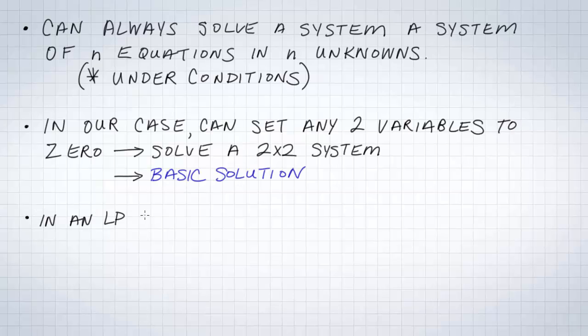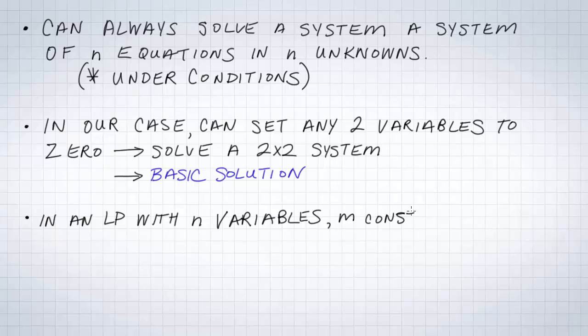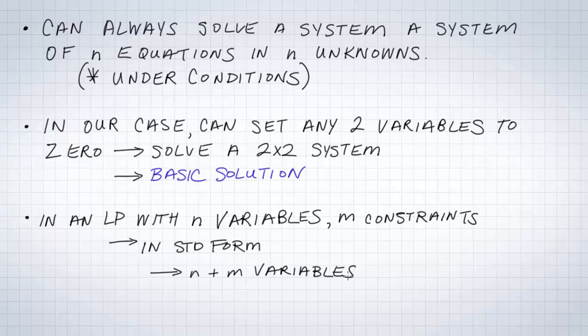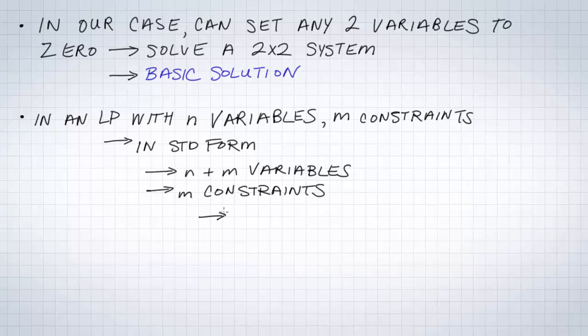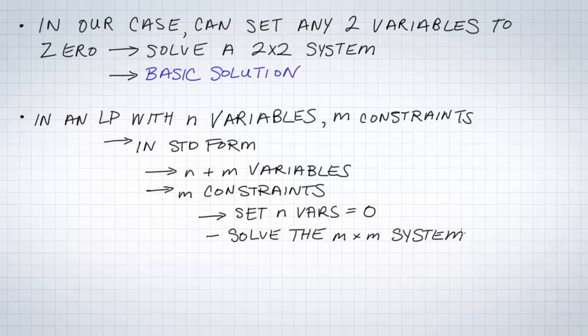Suppose in an LP with n variables and m constraints, putting it in standard form, we will have n plus m variables and m constraints. Then we set n variables equal to 0, and then solve the m by m system.